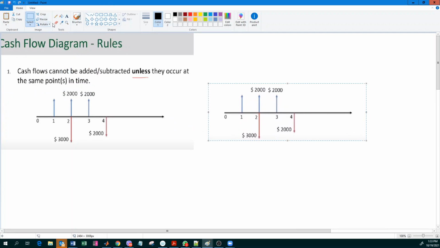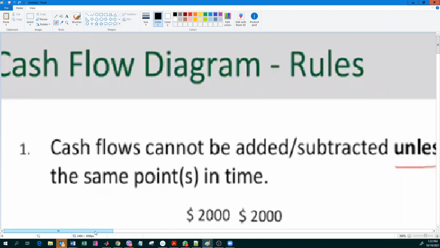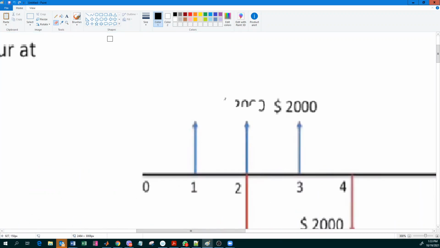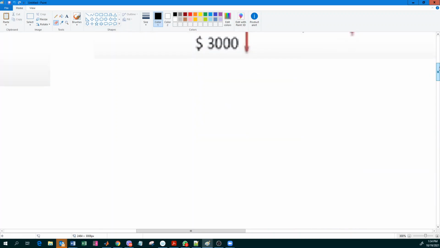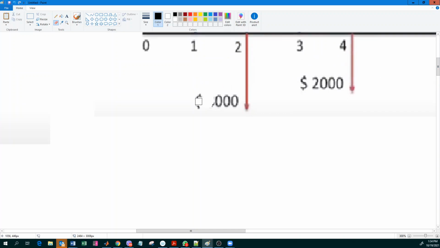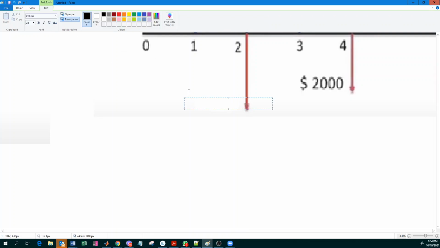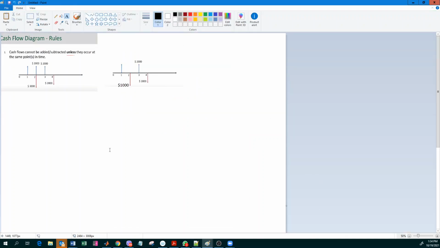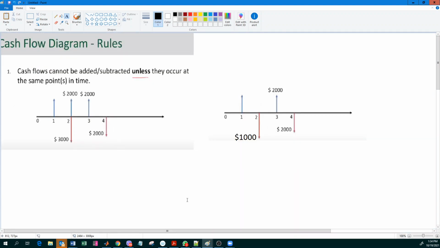This will become something like this. Can you see what I'm showing over here?